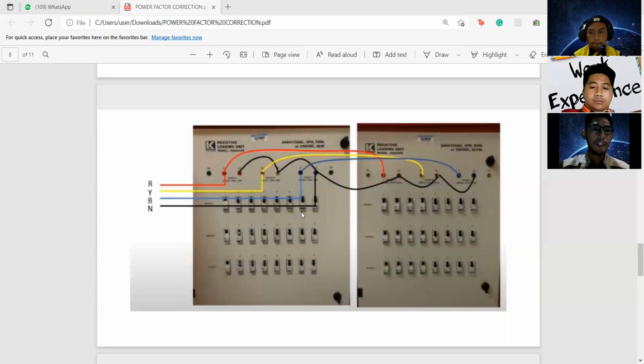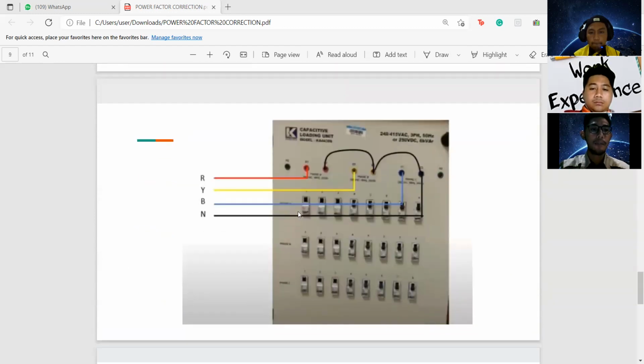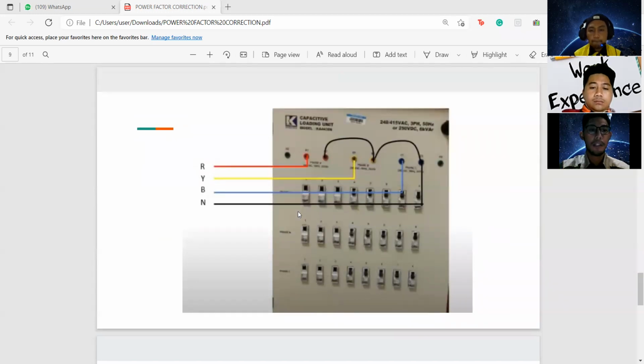When we need to add our capacitive load, in the next slide we'll be connecting our capacitor load. So this is our capacitive load. We'll proceed with the connection, and red, yellow, blue will become the formal supply for the connection.